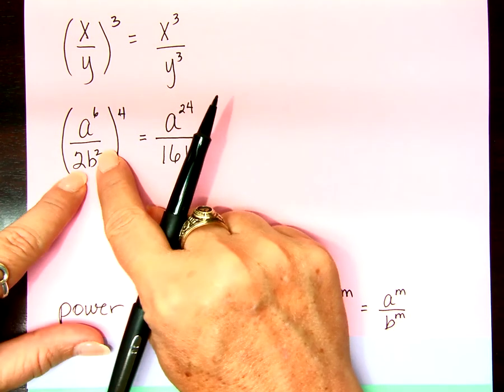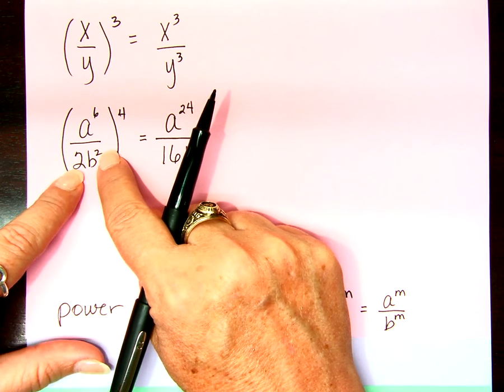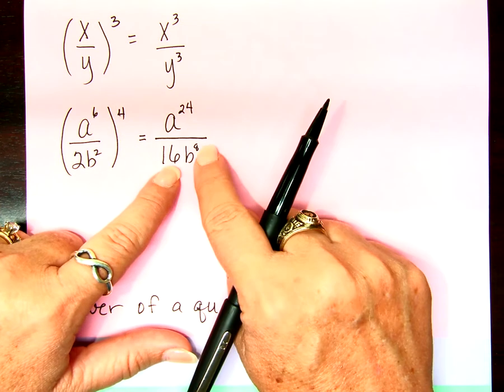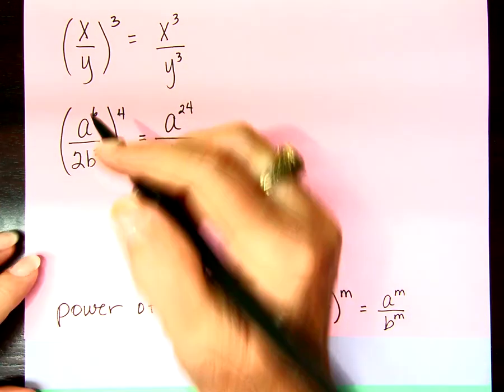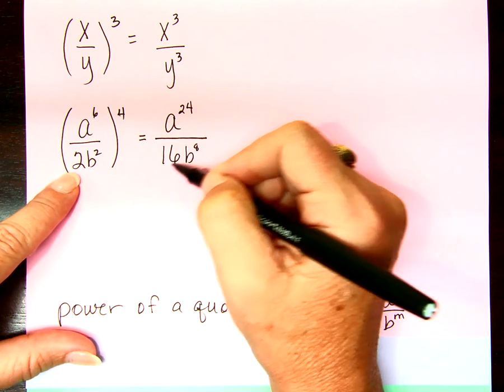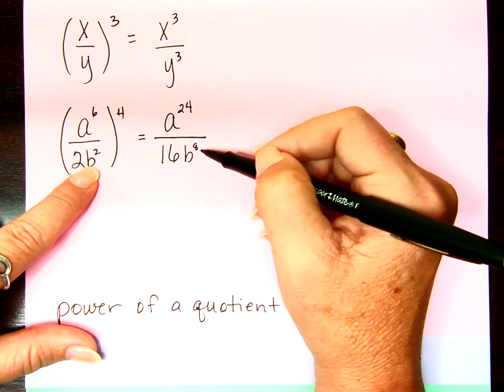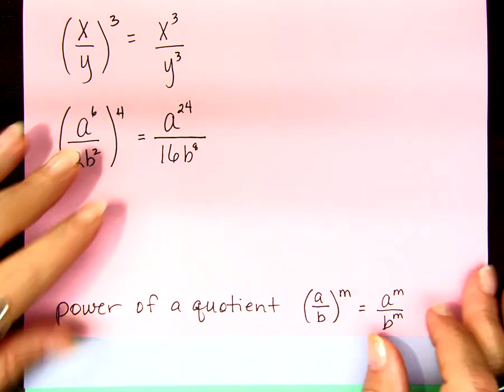So I chose to give you an example with a coefficient and an exponent that were the same number, so you could see how this power acts differently on both of those two numbers. Does that make sense? 2 to the 4th power is 16, but b squared raised to the 4th power is b to the 8th. Do you see the difference? Two of you? Excellent. Okay.